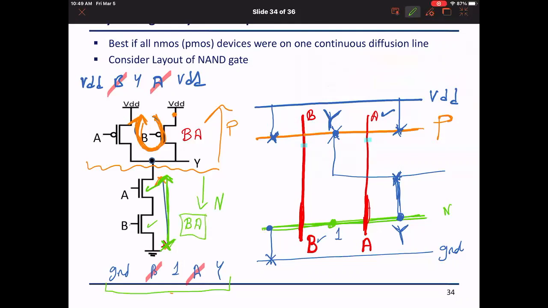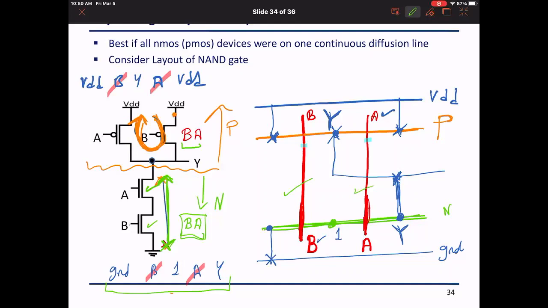It visited all the transistors only once, I didn't cross over A more than once. And it visited them in the same order as the PMOS. So because it visited them in the same order, I can put the stretch of the poly for B and I can put the stretch of the poly for A.